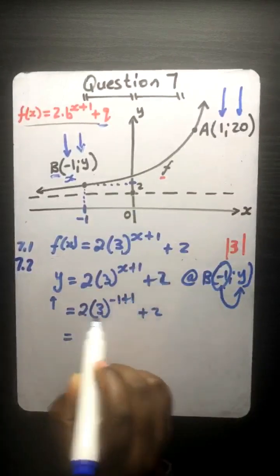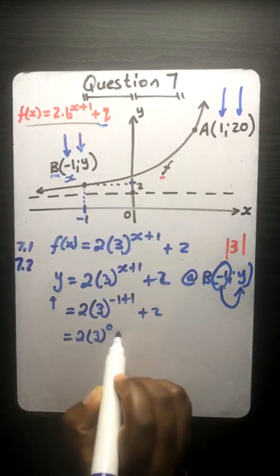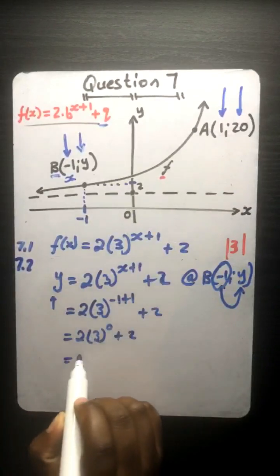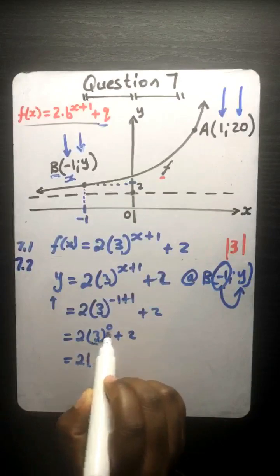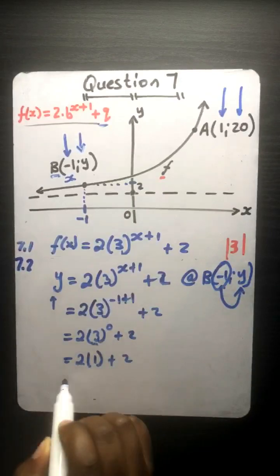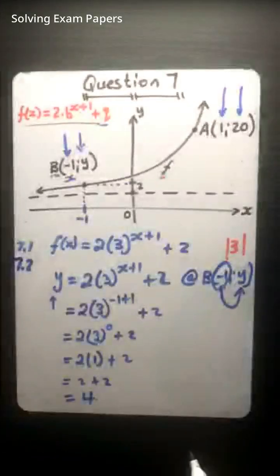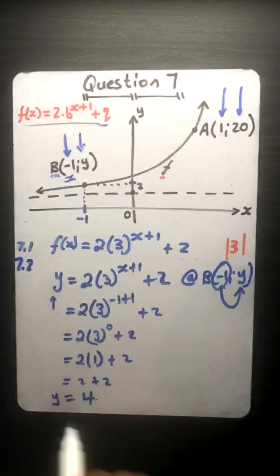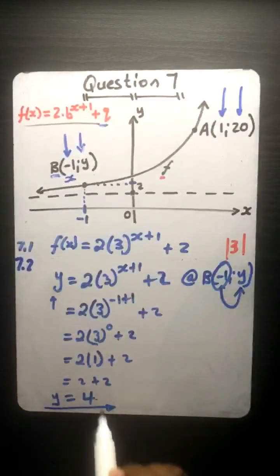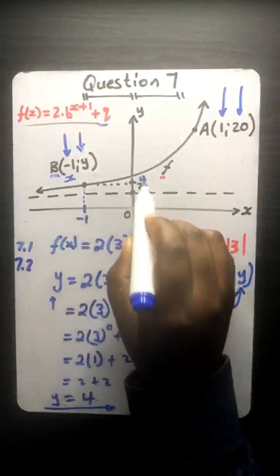And if you punch all of this in, you end up having 2 times 3 to the power 0, plus 2. Anything to the power of 0 is 1. Then 2 times 1 is 2, plus 2. 2 plus 2 is 4. So the corresponding y coordinate where x is -1 is actually 4.